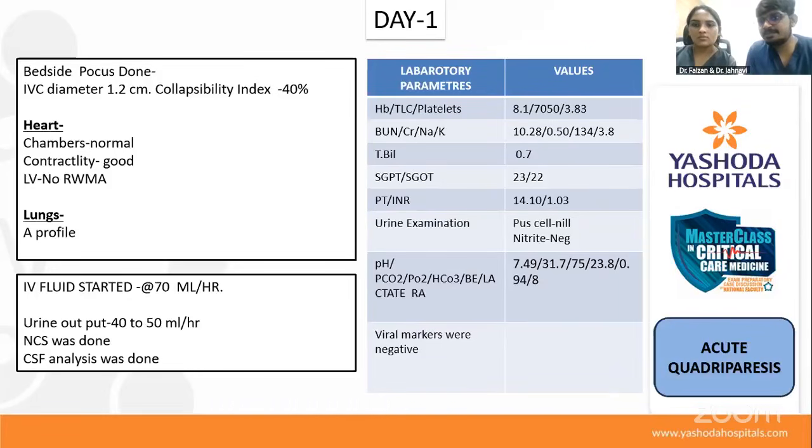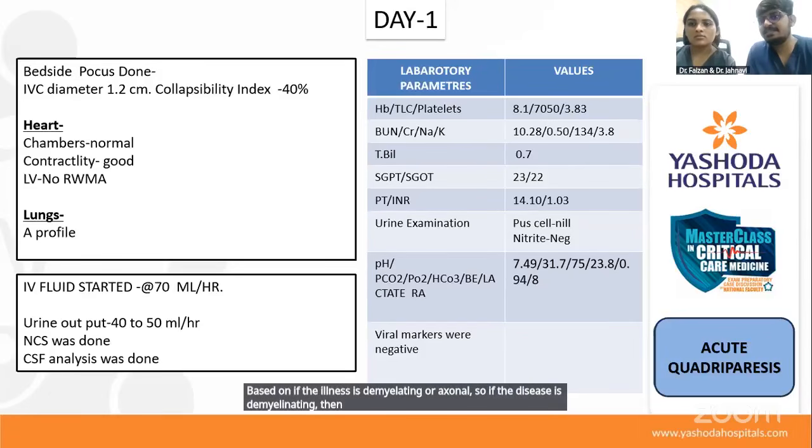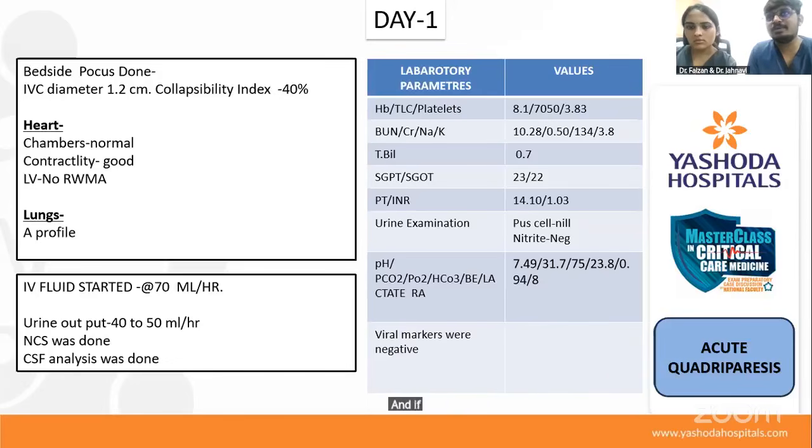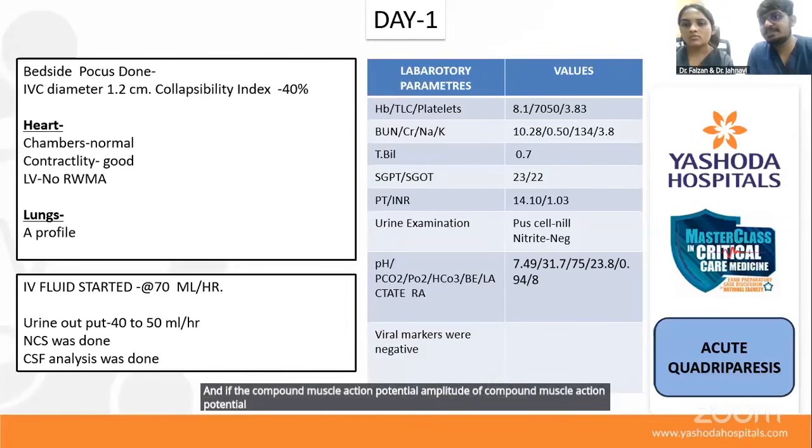Based on whether the illness is demyelinating or axonal: if the disease is demyelinating, then there can be increased latency, sir, and decreased velocity, suggesting demyelination. And if the amplitude of the compound muscle action potential is decreased, then it represents axonal involvement.